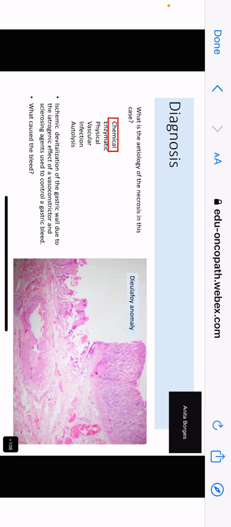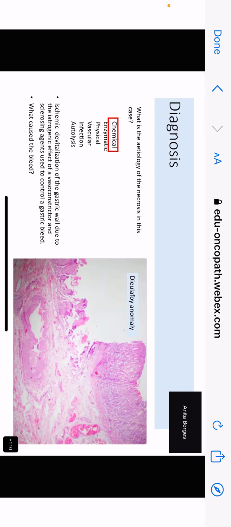And if there is some reason for that mucosa to break down, there is sometimes catastrophic hemorrhage from this persistent caliber vessel disease. And this is what is known as the Dieulafoy anomaly. So he had a Dieulafoy from which he was bleeding.